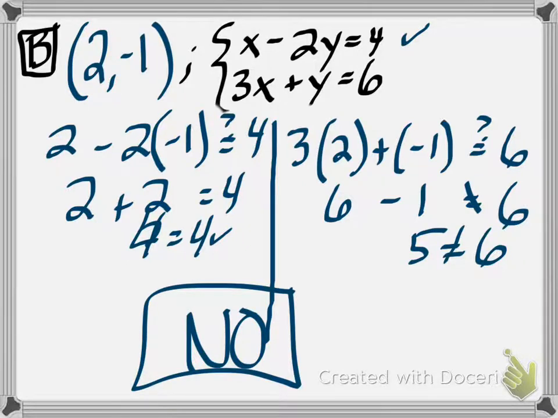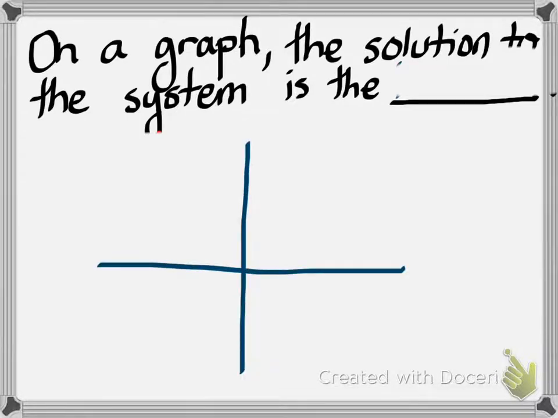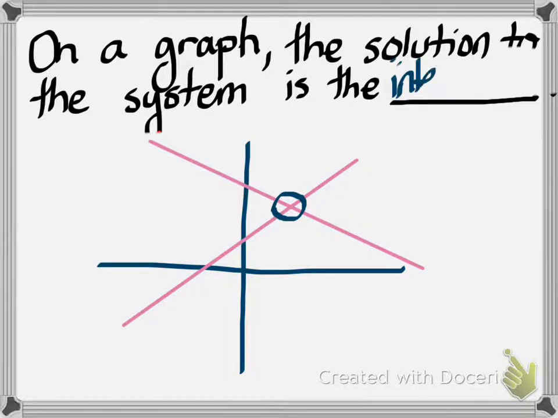That's the first example. The second example is about actually graphing them. On a graph, if I have one equation line here, and the second one here, the solution is right there. It's the intersection. The intersection on the graph is the solution.